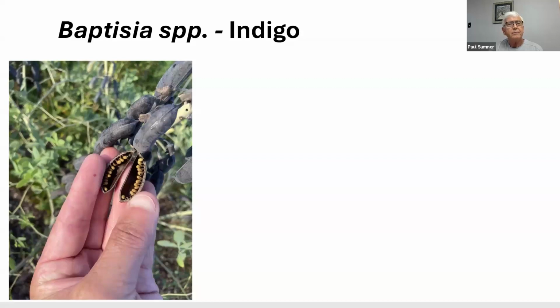Indigo or baptisia. There are several varieties of those out there. When the seed pods turn brown to black, and you can go up to them and grab them, they rattle. Another name for them is rattle boxes.